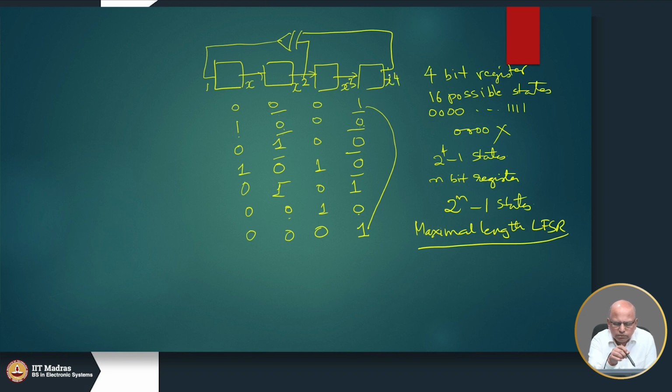So, we sometimes write it as 1 plus x square plus x power 4. So, this is a way of writing the LFSR's architecture in a compact way. Sometimes people call it a characteristic polynomial.